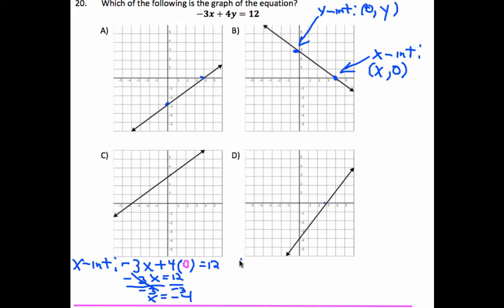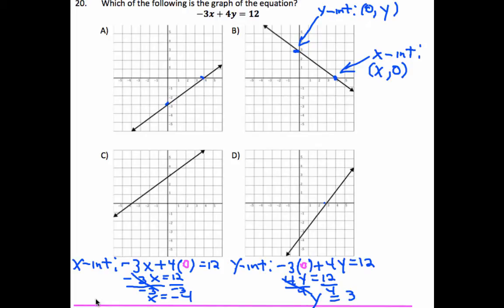To find the y-intercept, we will substitute 0 for x. So that will give us negative 3 times 0 plus 4y equals 12. Now negative 3 times 0 is 0, so that leaves us with 4y equals 12, and dividing both sides by 4 will give us y equals 3.